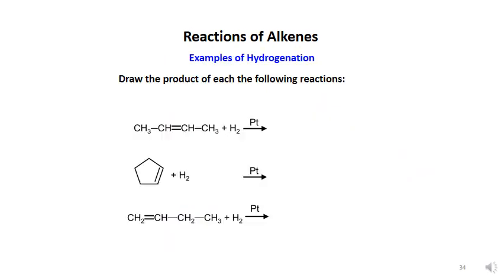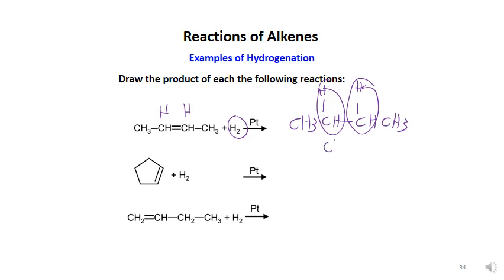Okay. So if we're going to add H here and H here, what do we make? CH3, CHH, single bond with CH with another H, and then a CH3. Well, CH with an H and CH with an H is just CH2, CH2.